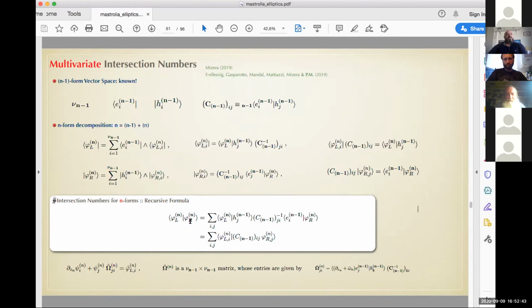In the evaluation of the intersection number, the solution of a system of differential equations around the poles is also required.